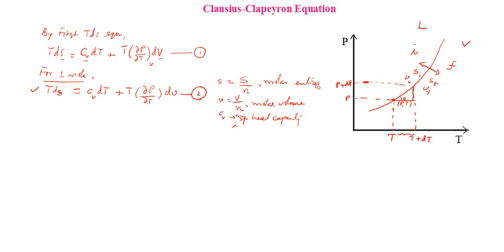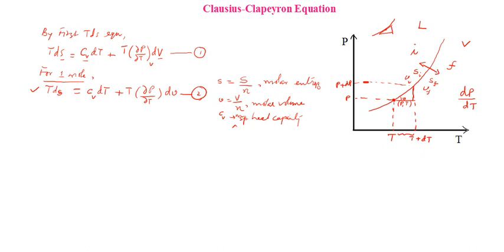dT and dP should be pretty small, then it becomes a tangent. Just be careful about that. I'm interested in what is known as dP by dT, which represents the slope of this coexistence curve at a particular point P and T. I have to take a triangle like this for the time being.